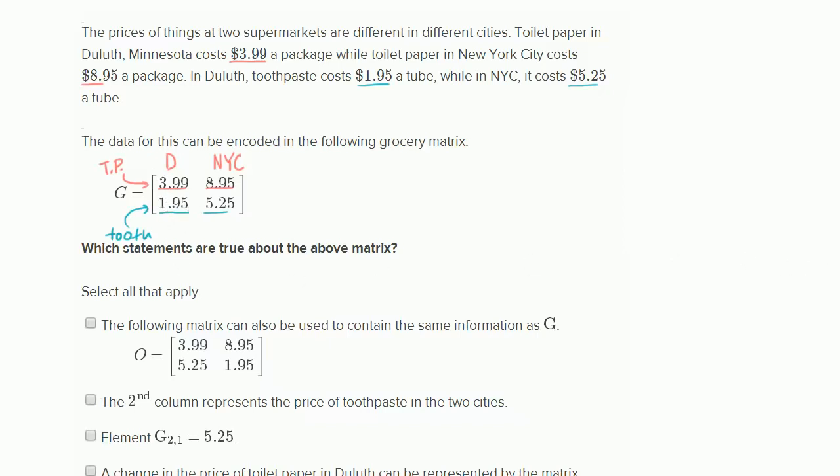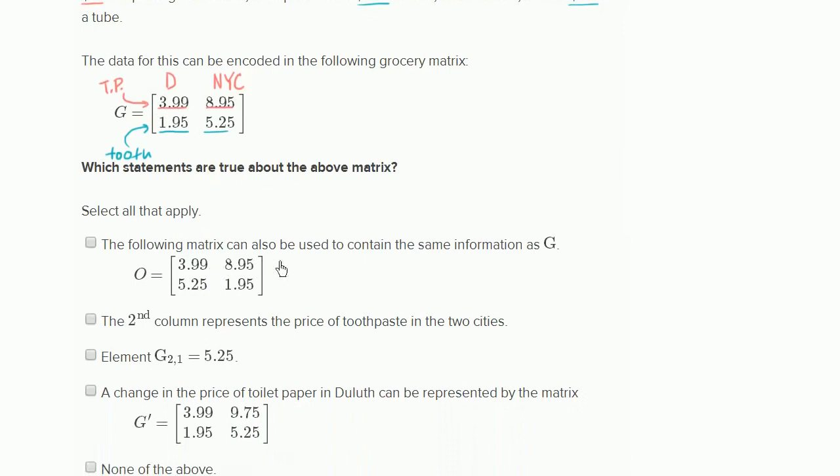So the first thing they ask us is whether the following matrix can also be used to contain the same information. So let's see. This is the price of toilet paper in Duluth, and this right over here is the price of toilet paper in New York City. So they have the exact same first row, so I would say that looks like the toilet paper row, and that would be the Duluth column, and this would be the New York City column.